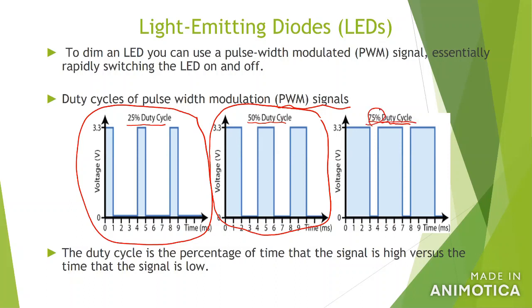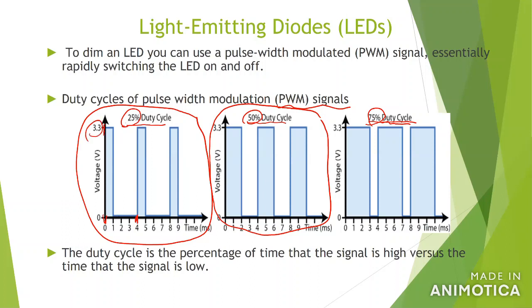From the duty cycle value and the figure, you can figure out what 25, 50, or 75 means. For a 25% duty cycle, for each cycle, from here to here, only 25% of the time we have logic high, 3.3 volts.